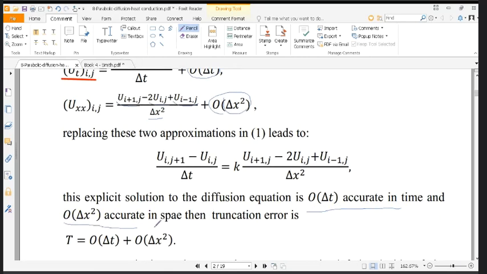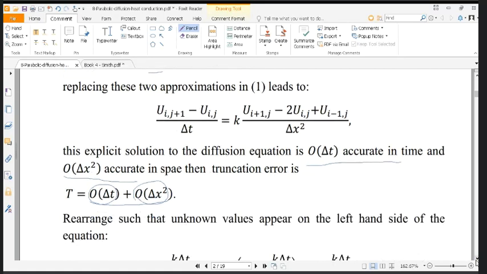And then the truncation error for the PDE is O of delta T plus O of delta X squared. O of delta T is the order of accuracy for the time derivative, and O of delta X squared is the order of accuracy for U_xx, or the second derivative in space.